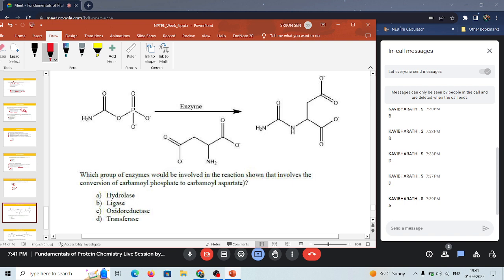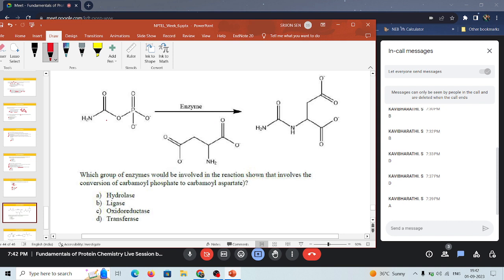So what is this? What type of enzyme is involved in this reaction? Now to answer this type of questions, you need to have a proper idea about in which manner these enzymes are functioning. So what is over here?